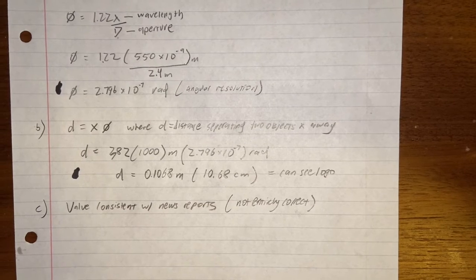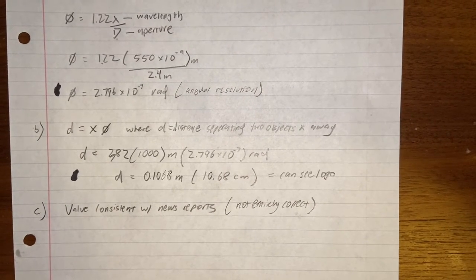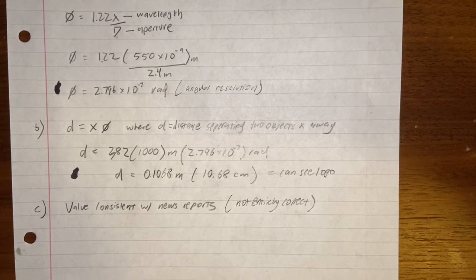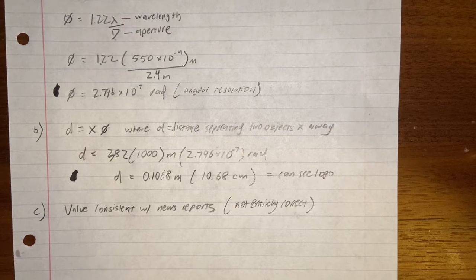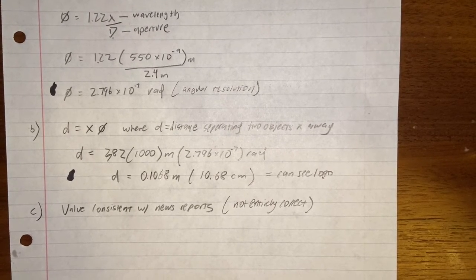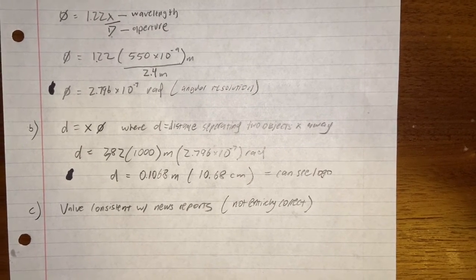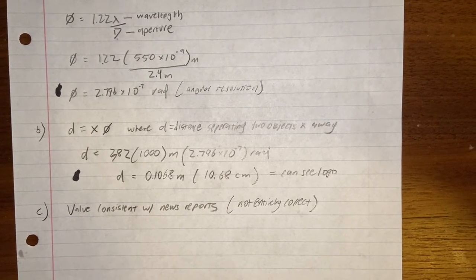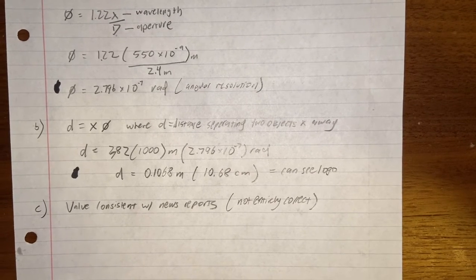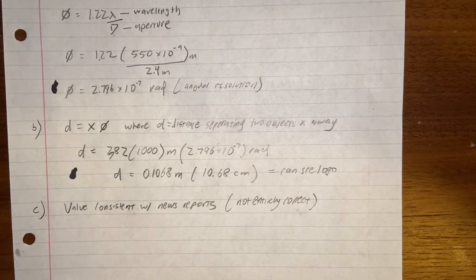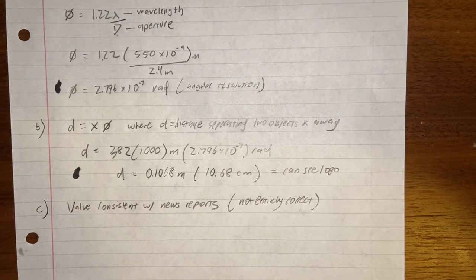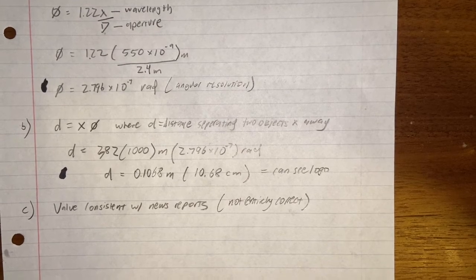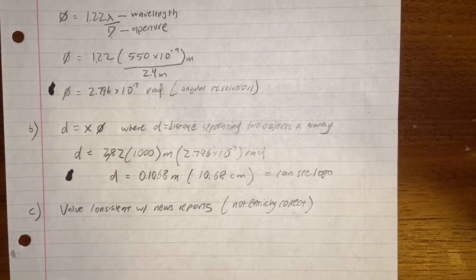We are given that distance x that the picture was taken from, which was 382 kilometers, so multiplying by a factor of 10 to the third, or 1,000, to put it into meters. And for the angular resolution, the angle that we just calculated in the first part of the problem, plugging those in, we find that the spatial resolution of the satellite is going to equal 10.68 centimeters. So in this case, we can conclude that we can see the logo.